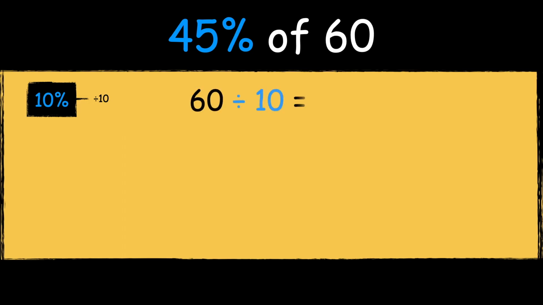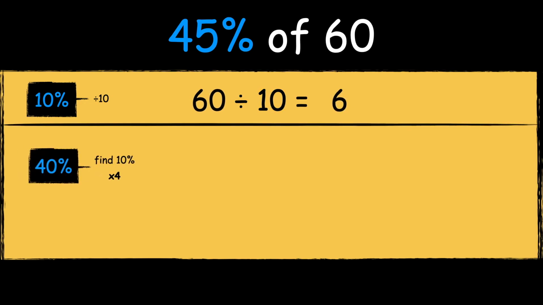Here's the next example, 45% of 60. First, we work out 10% of the number by dividing it by 10. 60 divided by 10 is 6. So to work out 40% of 60, we need to multiply the 10% answer by 4. 6 times 4 is 24.